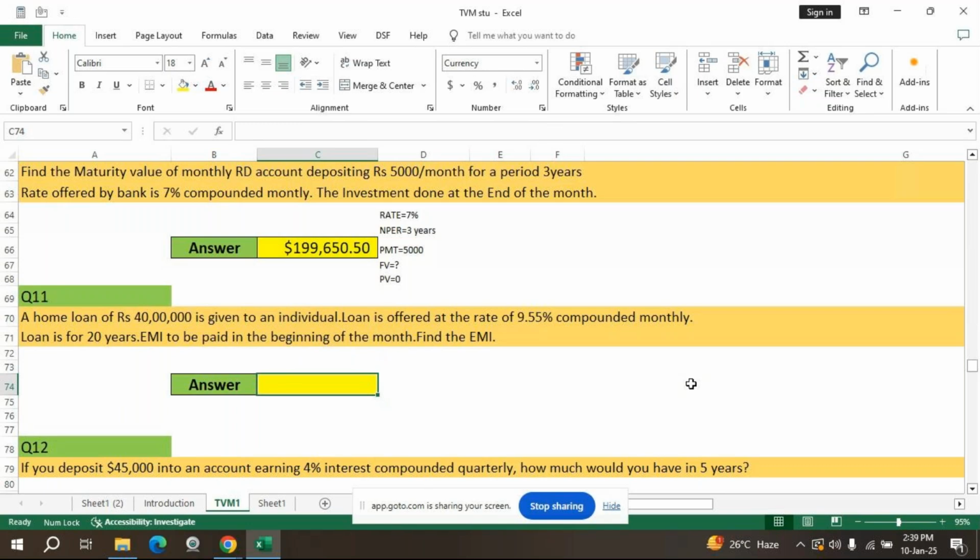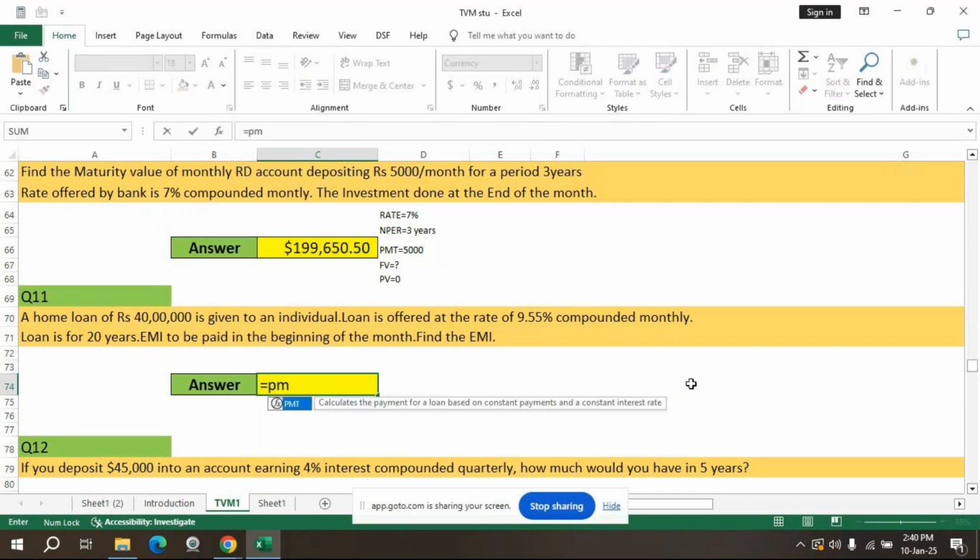That means the PMT function, right? So equals PMT, open bracket. What is the rate? 9.55%, divided by 12 since it is compounded monthly, then comma nper, the number of periods.